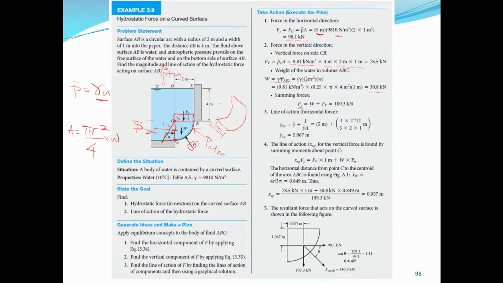The line of action of the center of pressure is given by the formula Ycp equals Y bar plus I bar over Y bar A. Y bar, as we know, is from the top to the centroid, which is 5 meters.